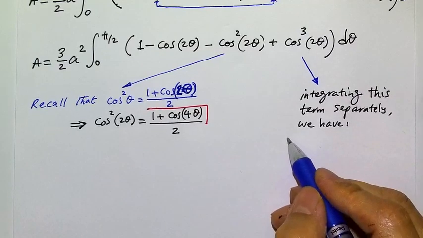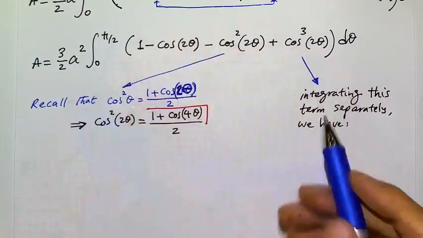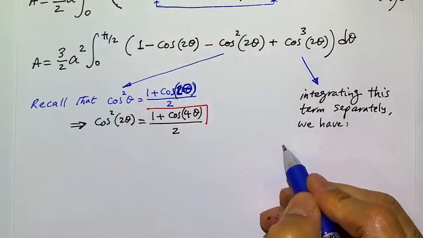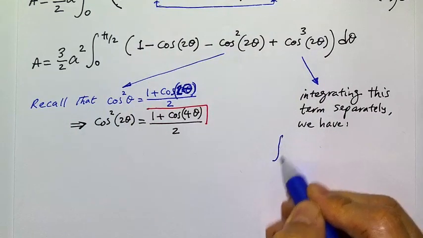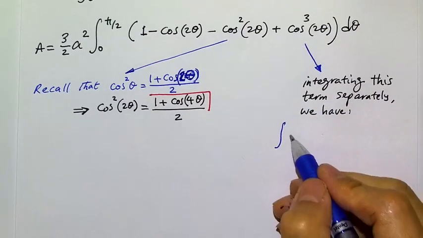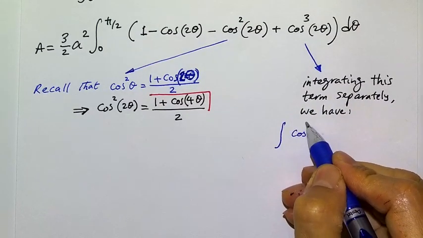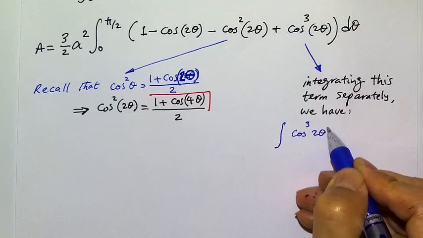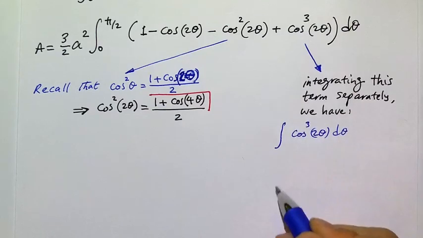I'm going to write this in blue so it keeps it separate from everything else we've done so far. So we have, and I'm going to do this as an indefinite integral, cosine cubed 2 theta d theta.